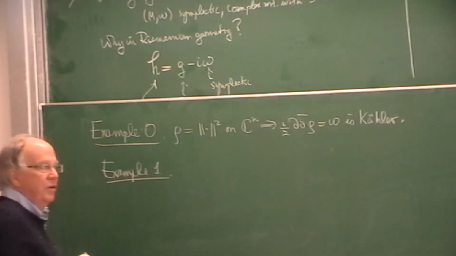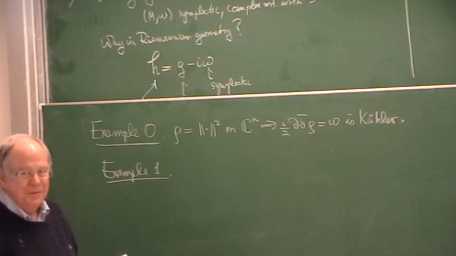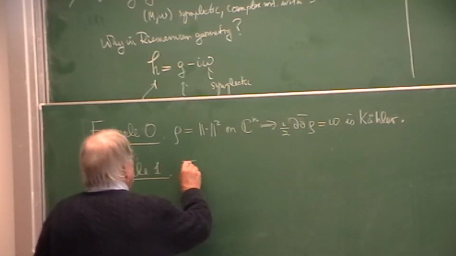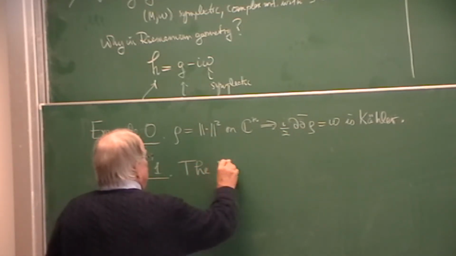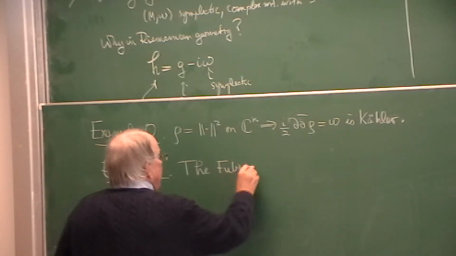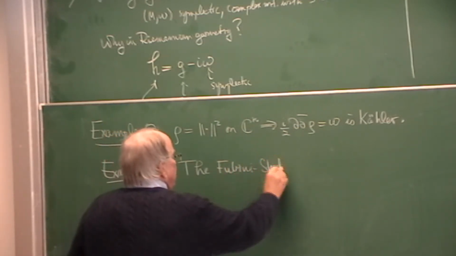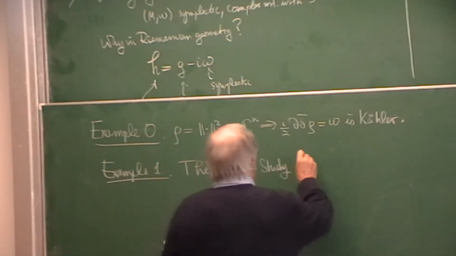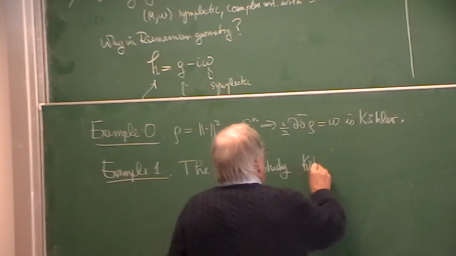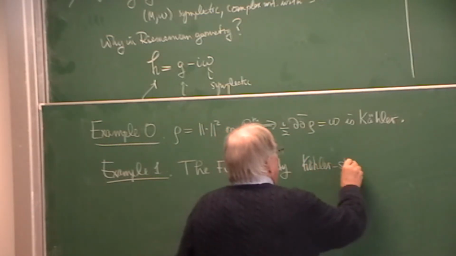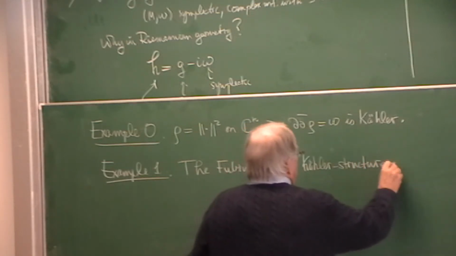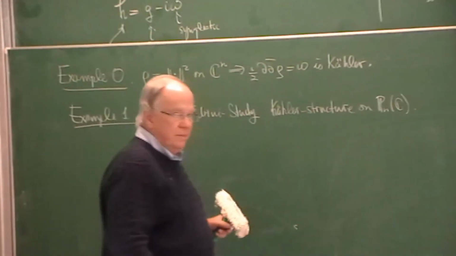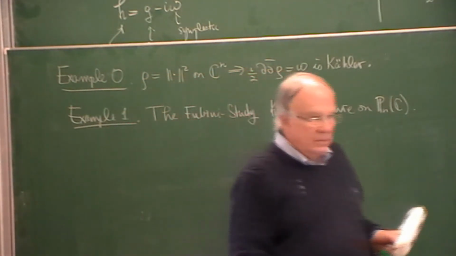I highly recommend that you spend a lot of time just thinking slowly about this example. Example 1 is, let's call it, it has a name, the Fubini-Study Kähler form, Kähler structure on projective space P^n(C).